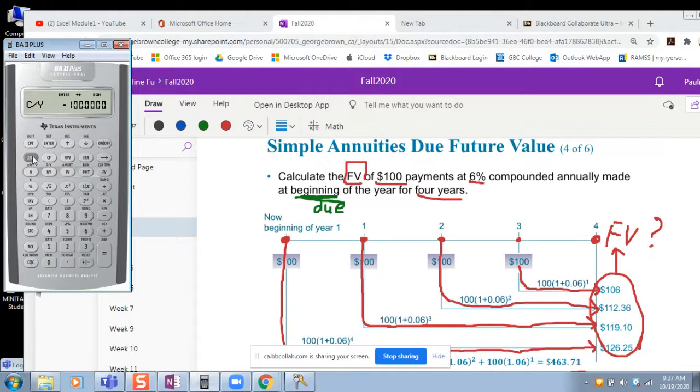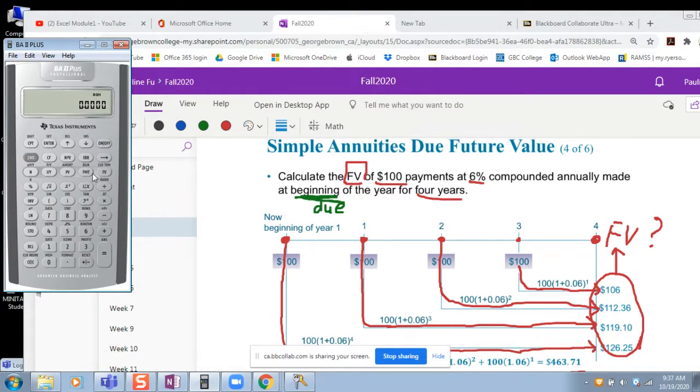I entered some wrong numbers, so I will redo it. Make sure second P/Y is 1. Down arrow key, C/Y is 1. Second quit. Make sure you have BGN on the top right corner here.